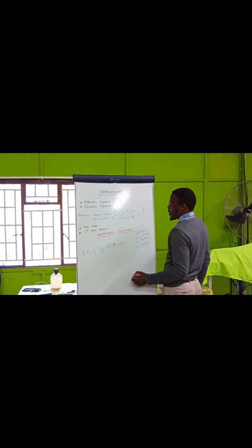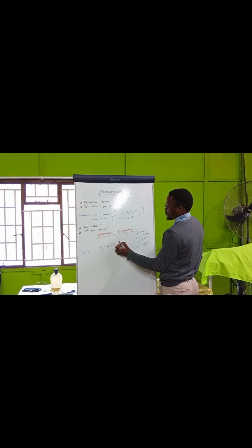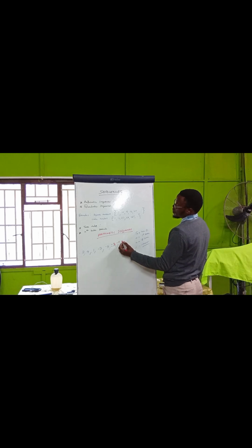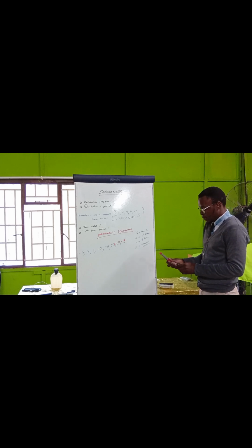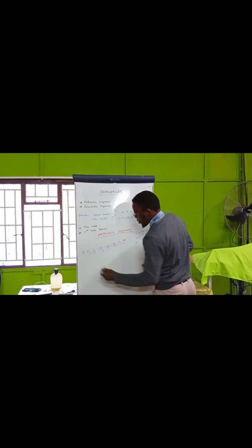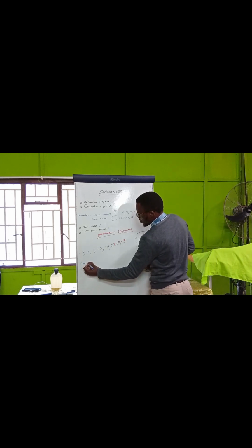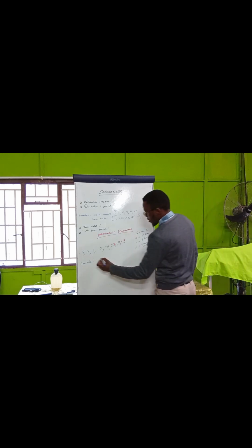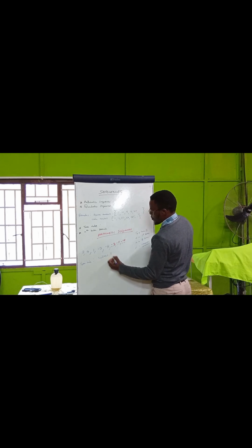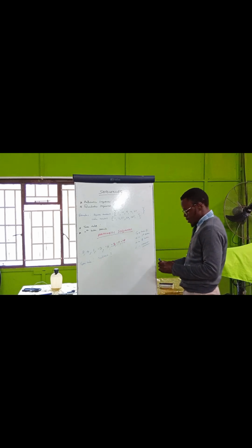Negative 8 followed by negative 11, negative 11 followed by negative 14. Exactly. So how did you get these answers? In other words, what is the term rule? Subtract 3. Exactly. So subtract 3. That's the term rule.